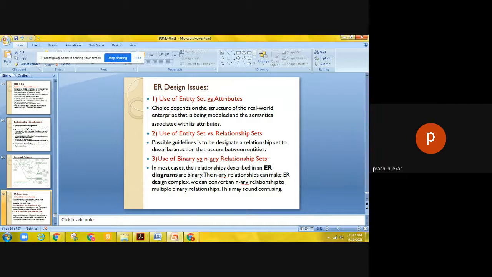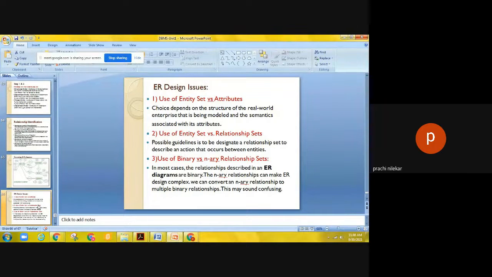At that time, the user needs to designate a relationship for describing an action that occurs between the entities. We should categorize wisely, according to the action needed, whether it's an entity set or a relationship set.